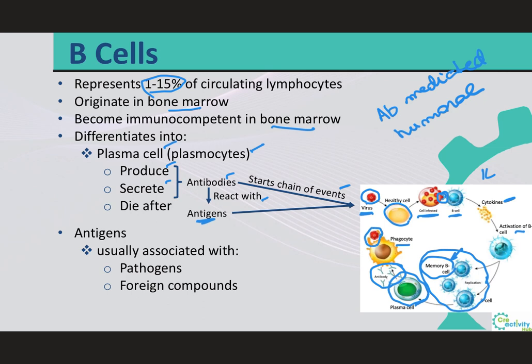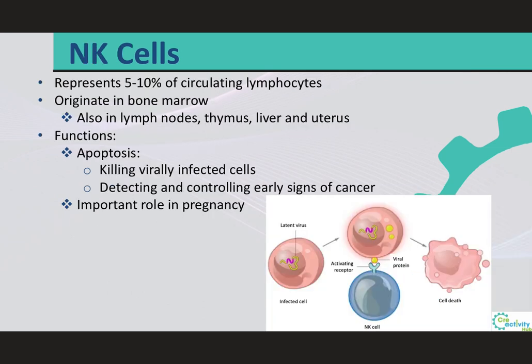And lastly, we have what we call the NK cells or natural killer cells, and they represent the remaining 5 to 10% of the circulating lymphocytes. These lymphocytes attack foreign cells, normal cells that are infected with viruses, and cancer cells that appear in normal tissue. And on the image, we can see a cell that is infected by a virus.